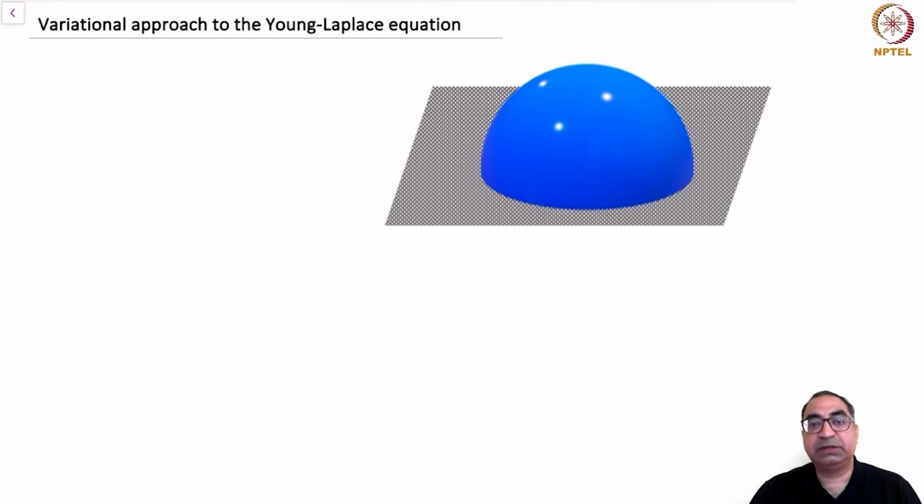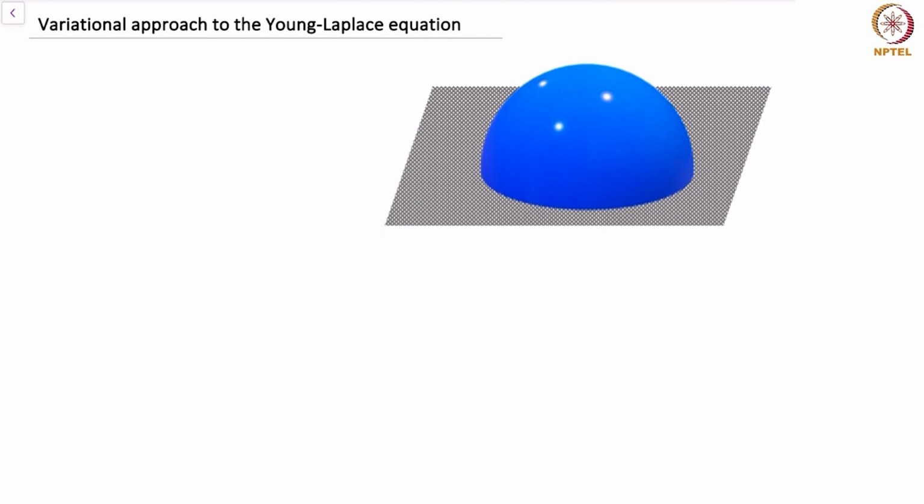Instead, we will define the shape in terms of a height function, which is the height of the droplet at any given location from the horizontal surface. And then we will write down a general energy functional, and use a variational approach to derive the Young-Laplace equation and Young's equation.